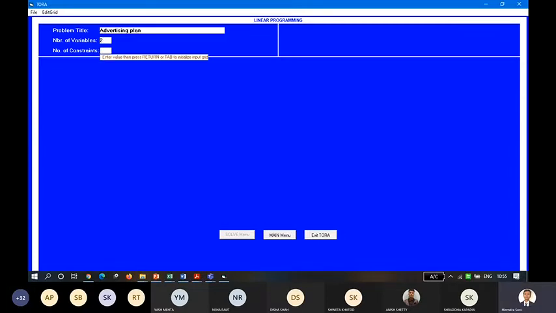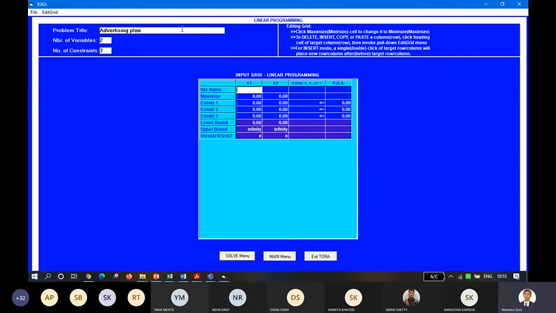Number of variables 2, number of constraints, we have to say it's 3. And my variable names, say ft, this side it is look, maximize what? 40,000, and here it would be 55,000.